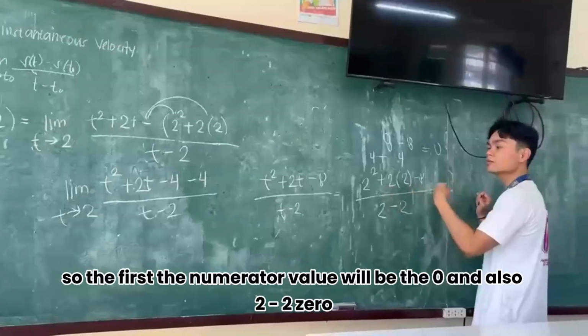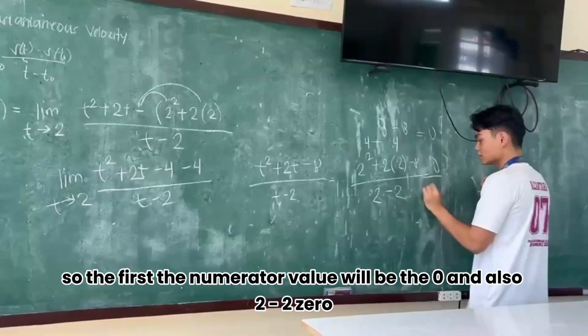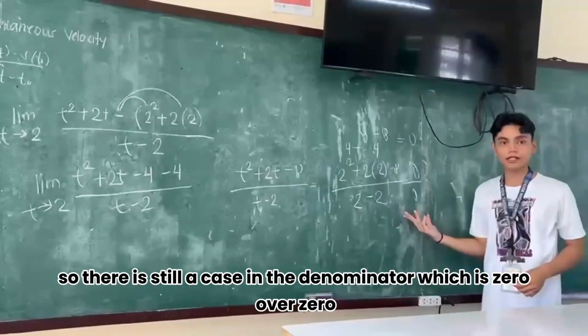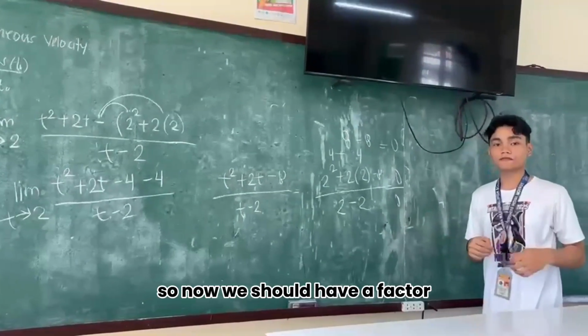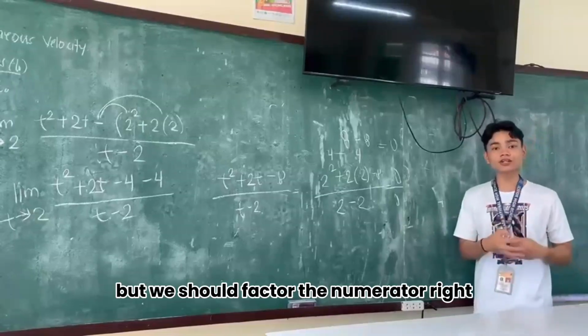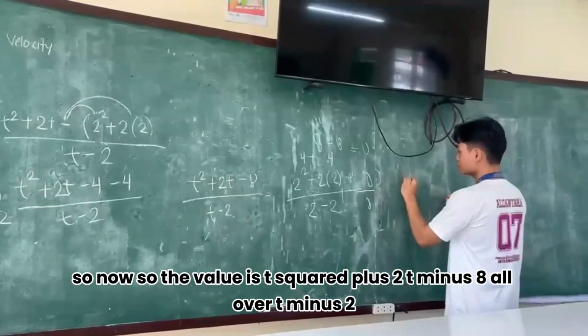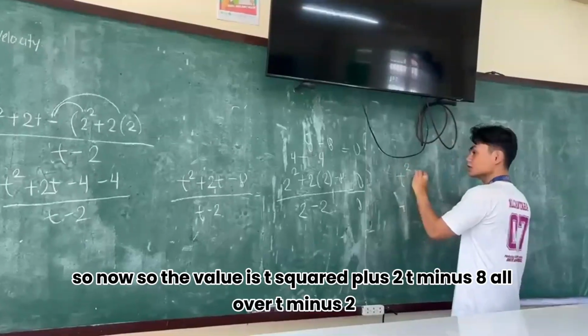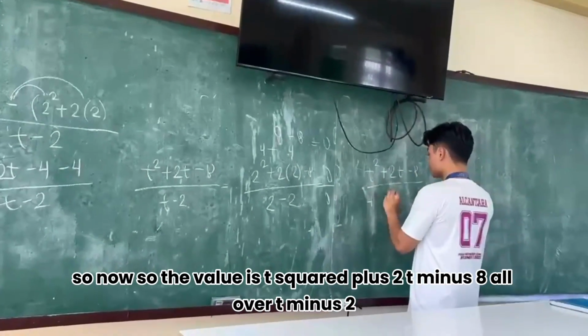So the numerator will be 0, and 2 minus 2 is also 0. So the result is indeterminate, which is 0 over 0. So we should factor the numerator, right? The value is t squared plus 2t minus 8 all over t minus 2.